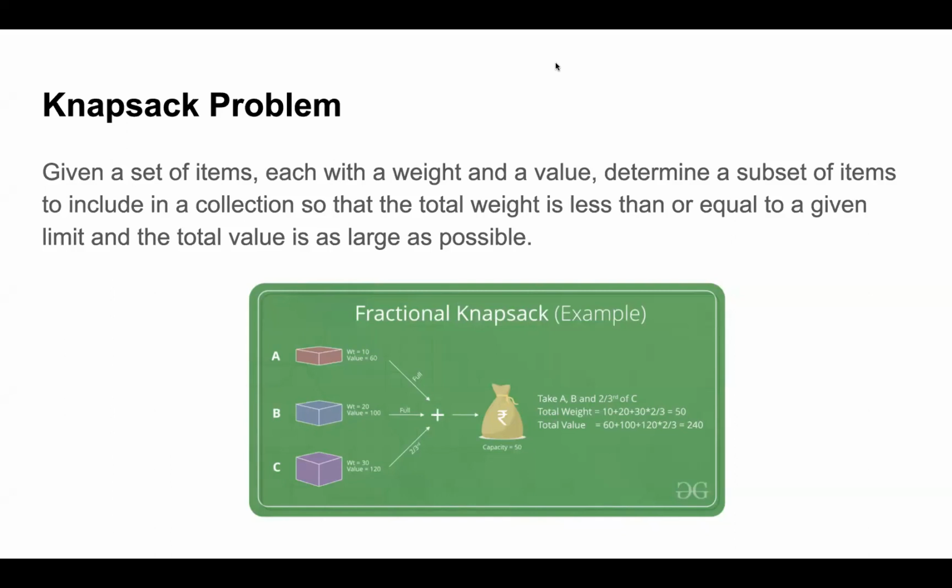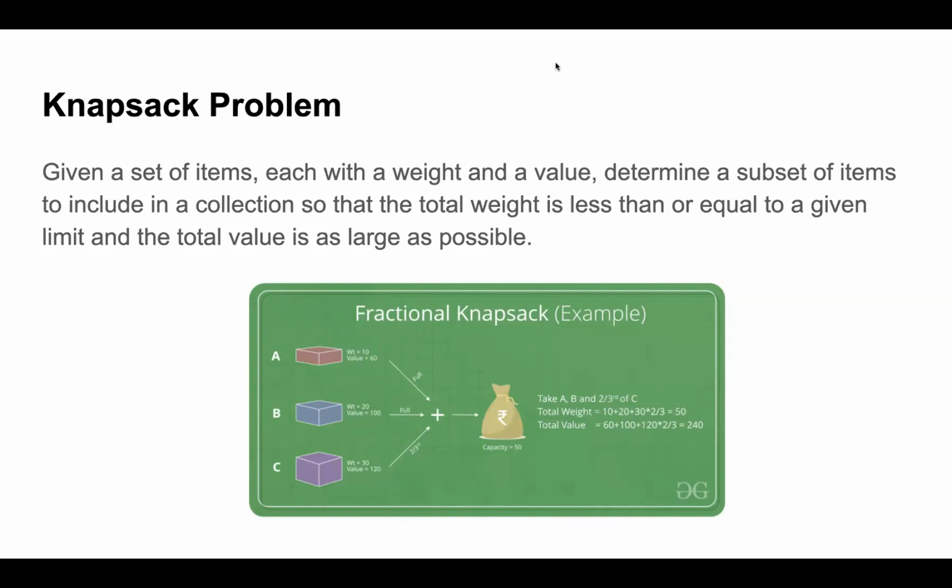A's weight is 10, B's weight is 20. 10 plus 20 becomes 30, and 20 of this 30, that is 20 weight from block C's weight 30, will go in the knapsack. So the knapsack will be full.